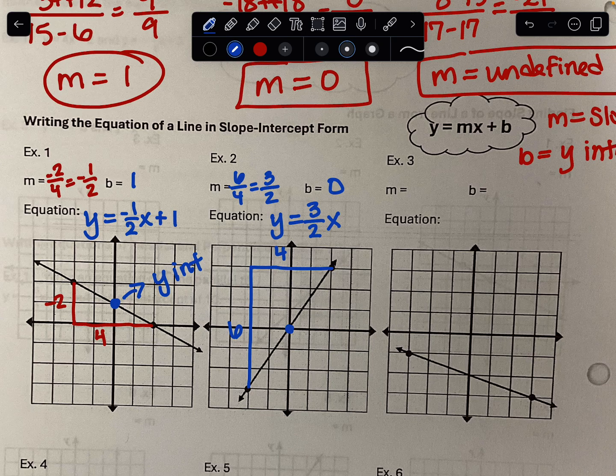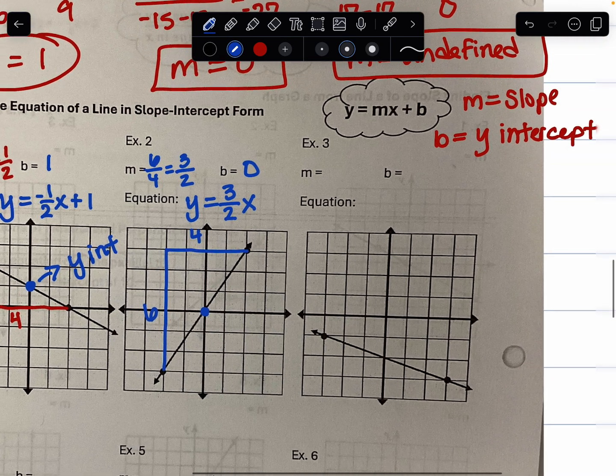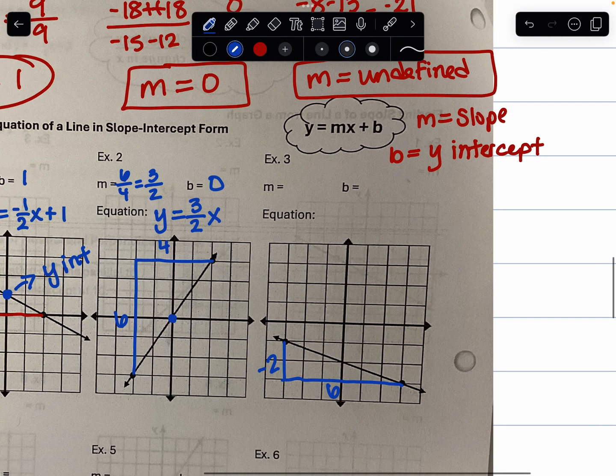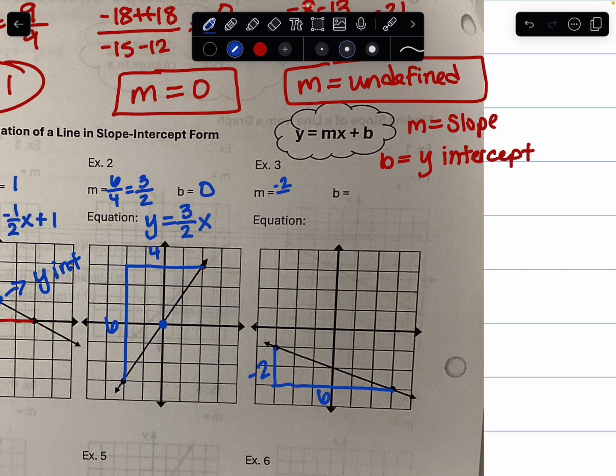Okay? All right? Cannon, number 3. Down 2, and over 6. So what would that slope be? 2 over 6. Close. 2 over negative 6. So we went down 2, so we put negative 2 on that one. What does negative 2 over 6 simplify to?